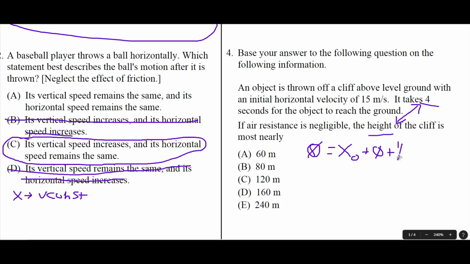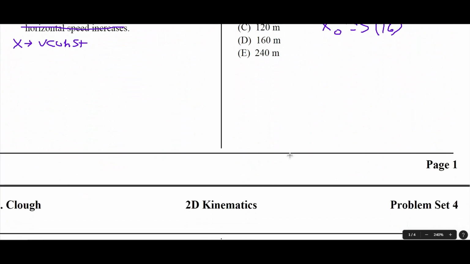So plus 1/2 a t squared. So we end up having that x naught is going to be equal to 5 times 16, which is equal to 80 meters. All right.